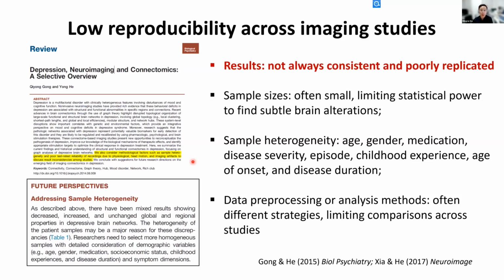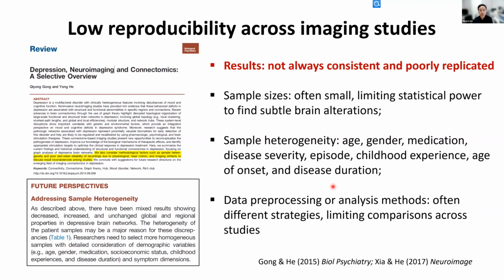When we review the findings across imaging studies, the results are not always consistent and sometimes are poorly replicated. An important reason is that the sample size of these studies is often small and was collected in a single site. This could result in a large sampling bias in both demographic and clinical variables.